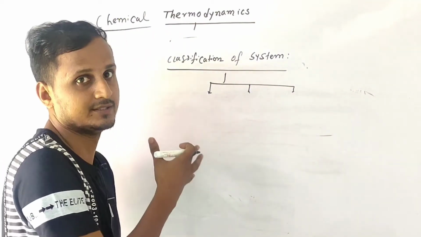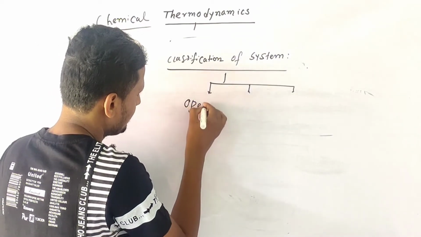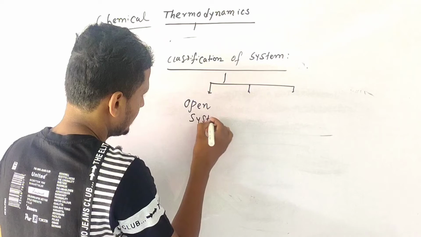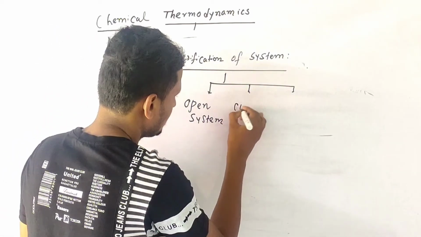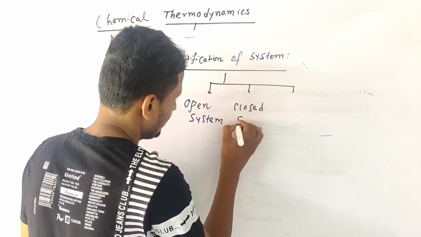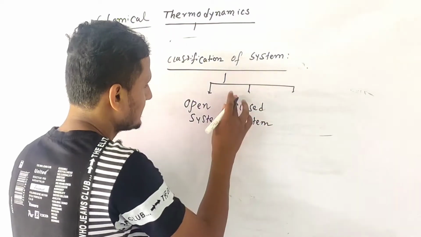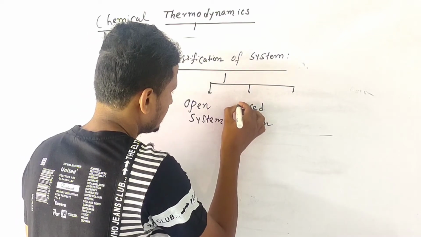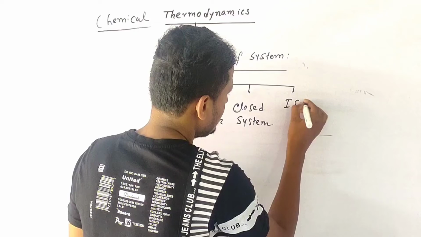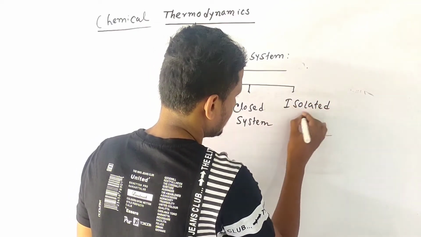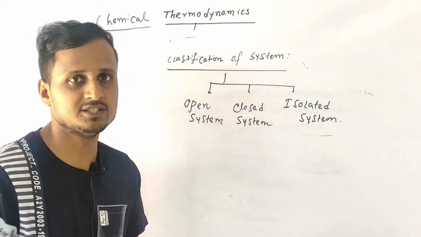We have to learn this before going deep into this chapter. Okay, first of all is open system. Next is closed system. Next is isolated system. These are the three classifications of the system.